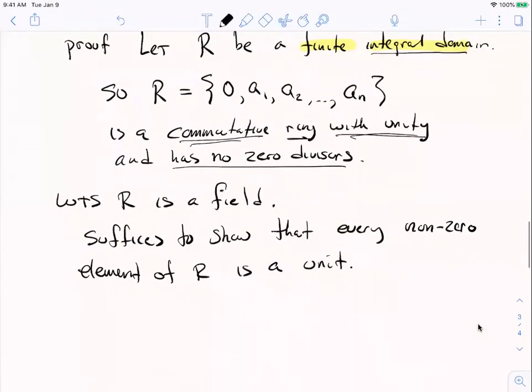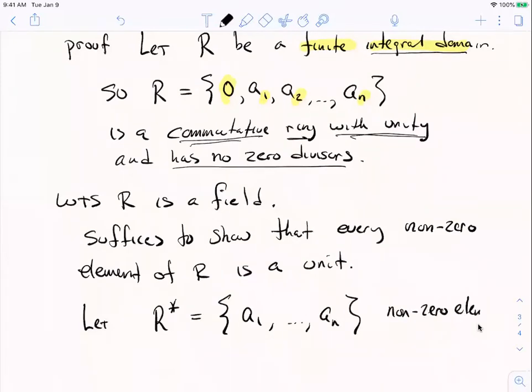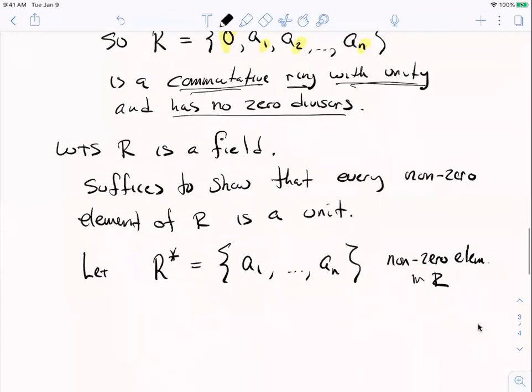So let's let R star be the set of non-zero elements in R. I already carved out 0 up here and then called the rest of the elements A1, A2, and so on up to AN. And choose an element A in R star. I want to show A is a unit.